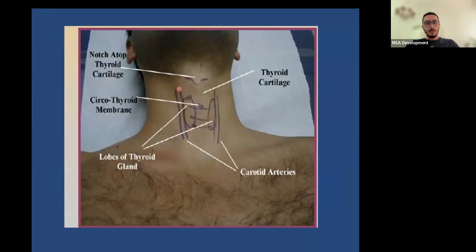This is the thyroid cartilage, and this is the oblique ridge. This is where the upper lobe lies, and the lower lobe lies at the level of the sixth tracheal ridge. Count six tracheal ridges, and that's where the lower lobe lies. The lateral parts of the thyroid gland lie in between or very close to the carotid arteries on the left and on the right.